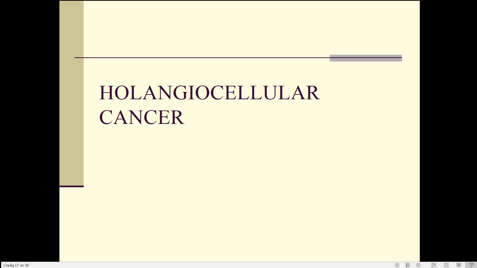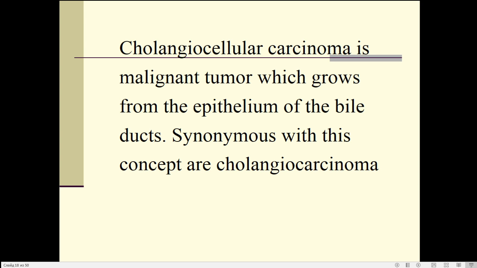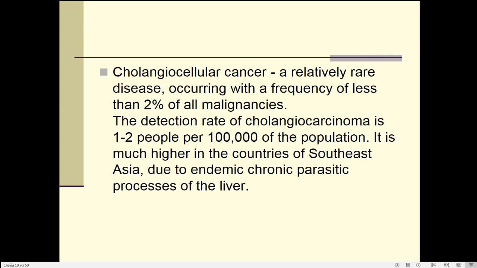Cholangiocellular carcinoma. Cholangiocellular carcinoma is a malignant tumor which grows from the epithelium of the bile duct. Synonymous with this concept is cholangiocarcinoma. Cholangiocellular carcinoma, or cancer, is a relatively rare disease, occurring with a frequency of less than 2% of all malignancies.